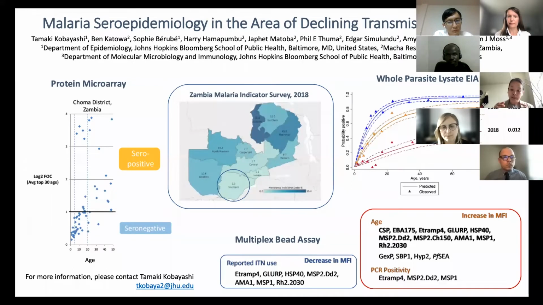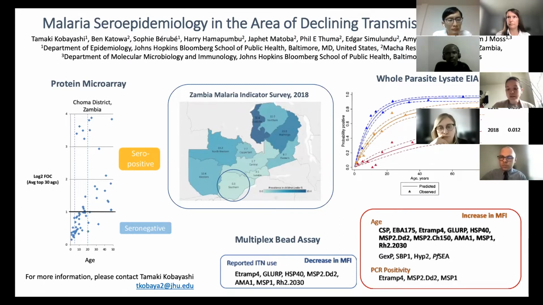The circle indicates Southern Province, Zambia, where we do a lot of work, but it says 0. That means when they conducted the Malaria Indicator Survey in 2018, there was no microscopy-positive malaria parasite found among the under 5 years old population they screened.